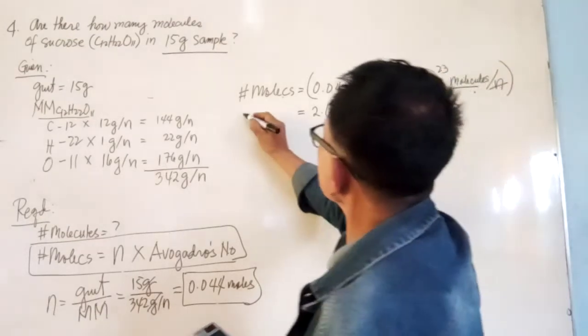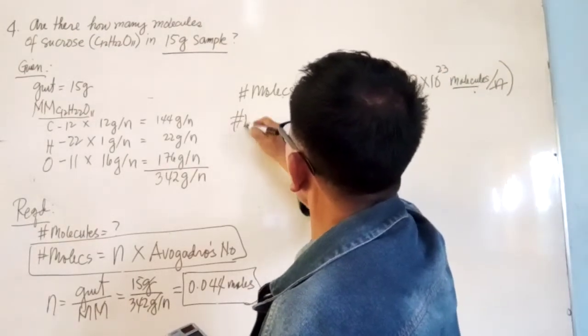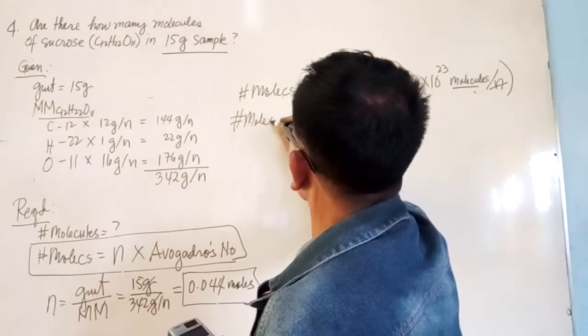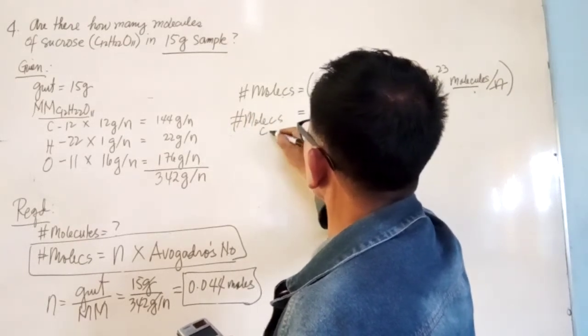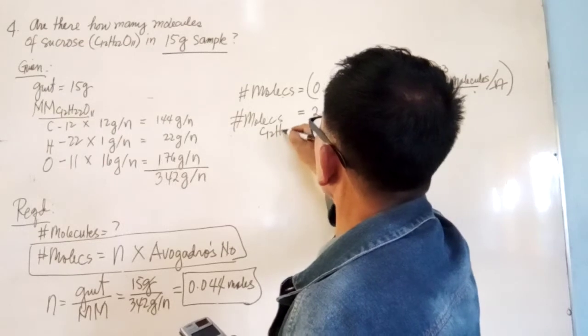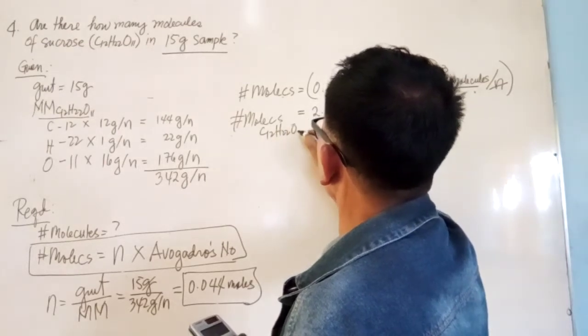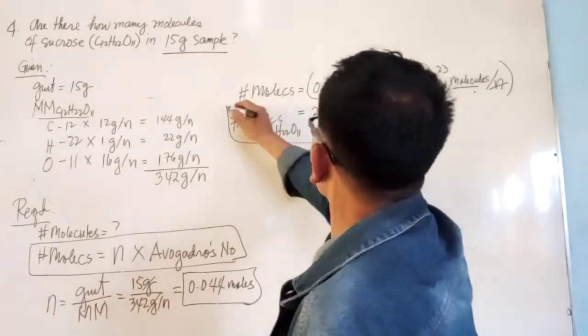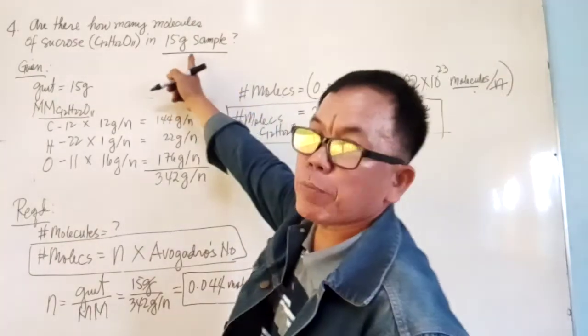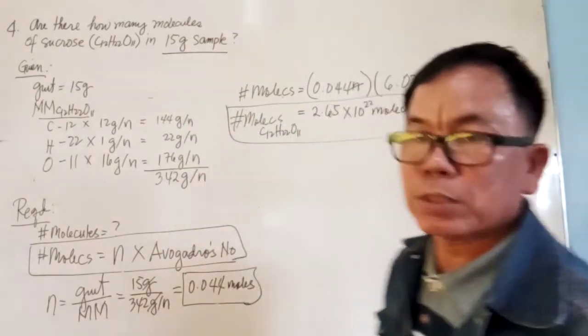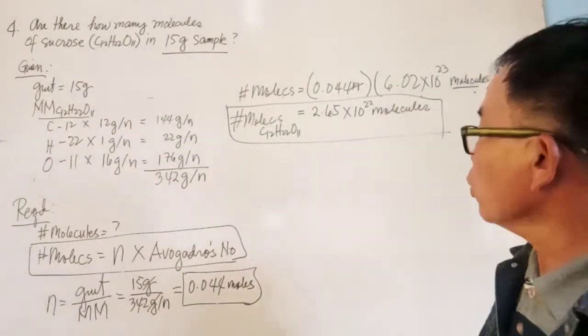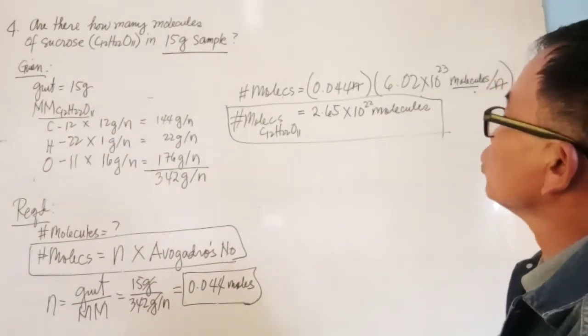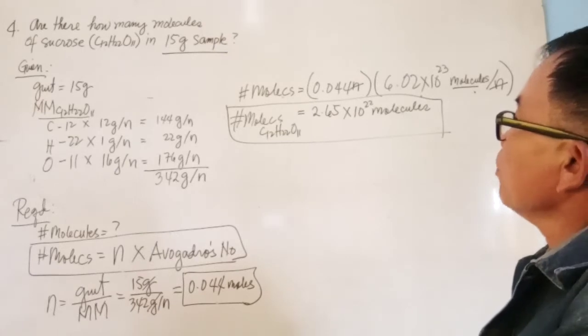Okay, so that is now the number of molecules of C12H22O11 with a given weight of 15 grams. Okay, so that is how to compute for the number of molecules.